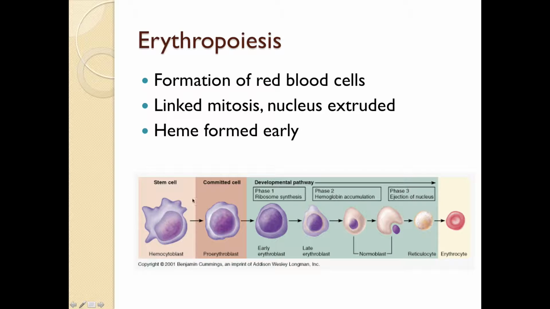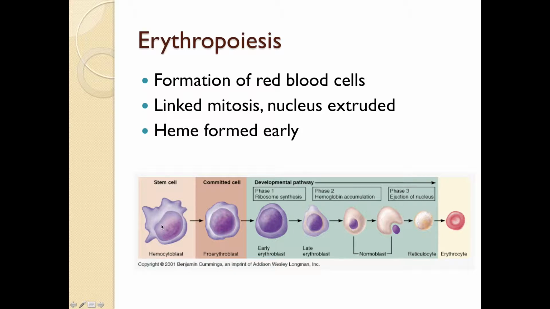So the stem cell becomes a committed progeny cell, and then going through this process, you'll see that eventually it spits out its nucleus, and the step before we have a mature red blood cell is called a reticulocyte. So sometimes you'll see tests for reticulocyte counts. And eventually, the mature red blood cell is going to be produced.